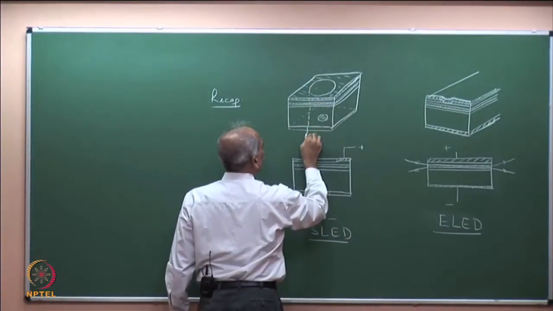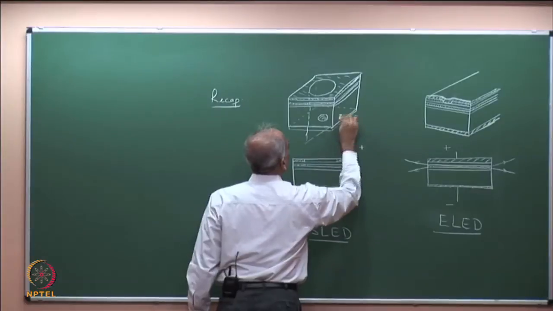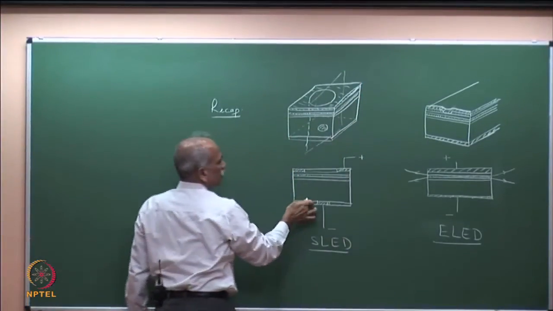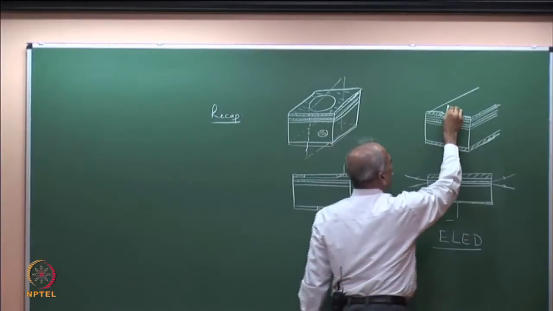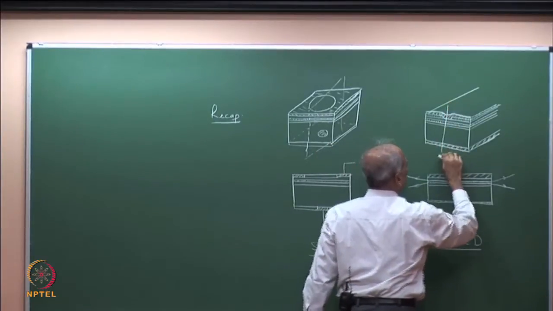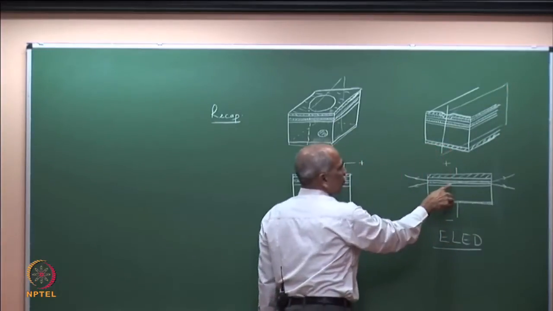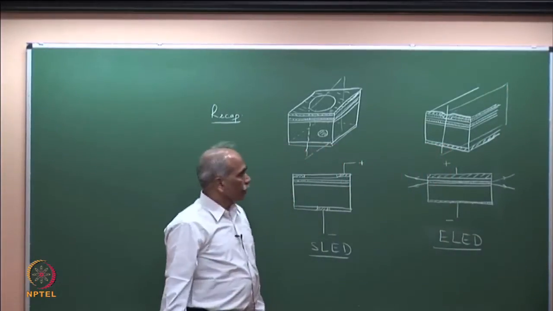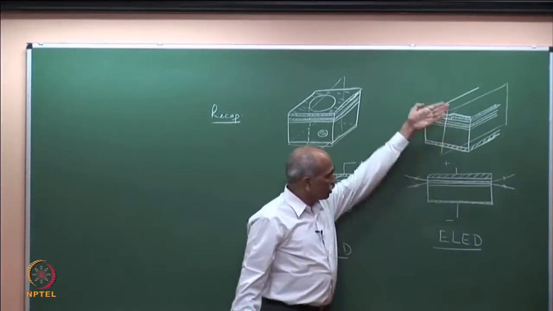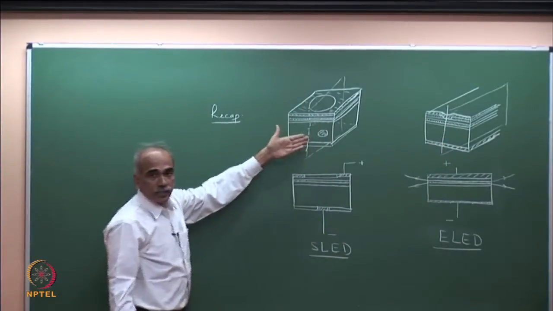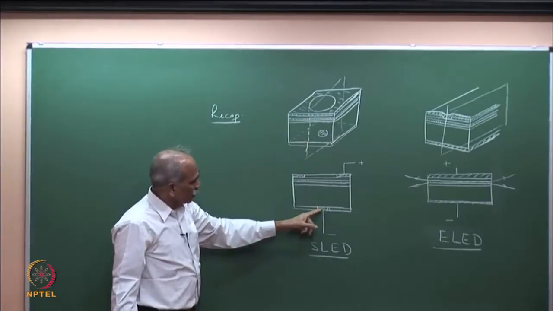If you take a segment along this line, this is what you see, the cross section. Similarly, if you take a longitudinal segment along this line, then this is what you see. So, what is shown here is the longitudinal section.